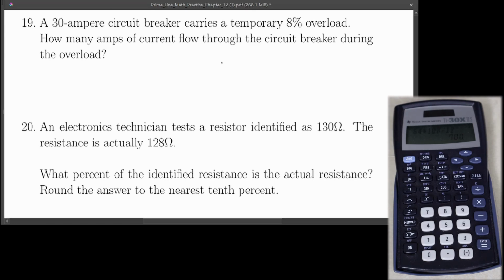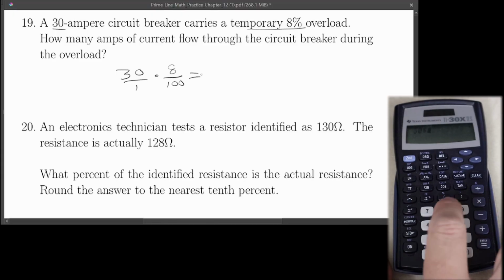Number 19, we have a circuit breaker. And it has a temporary overload of 8%. It's a 30 amp circuit breaker. How many amps flow through during the overload? So let's find 8% of 30. So if we take 30 over 1 times 8%, 8 over 100.